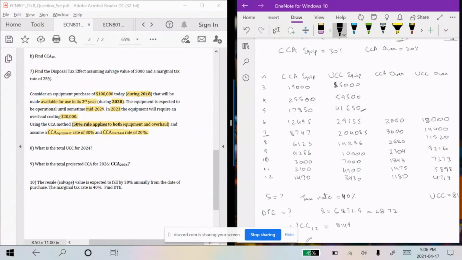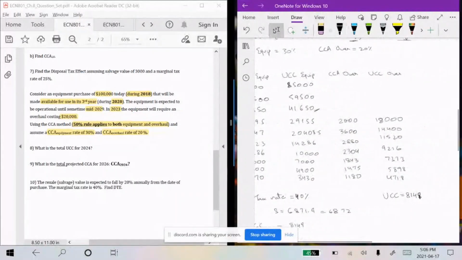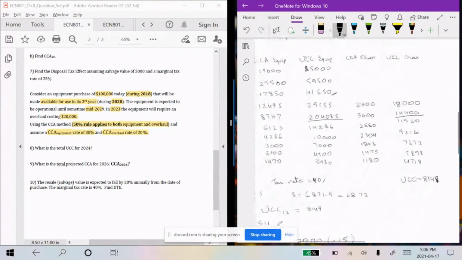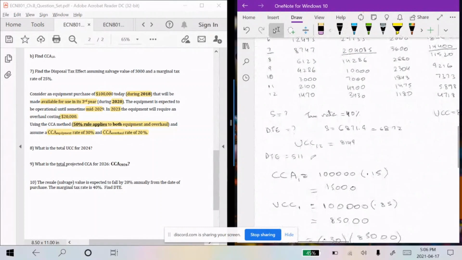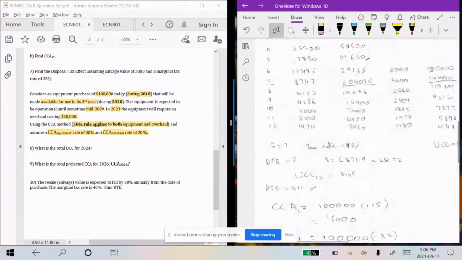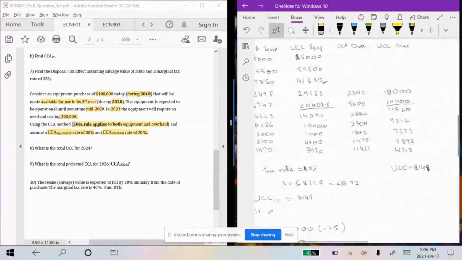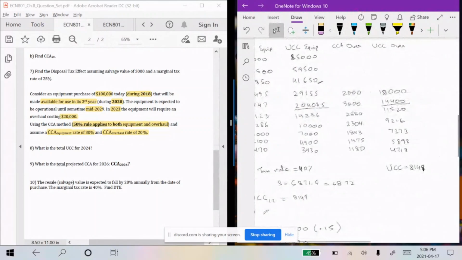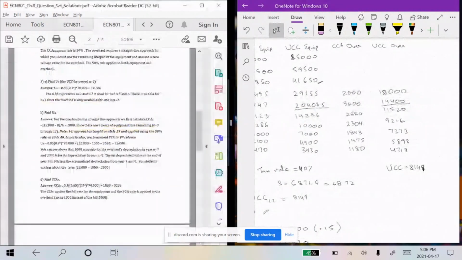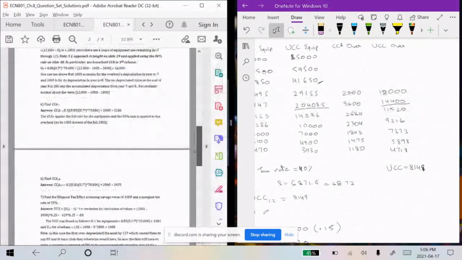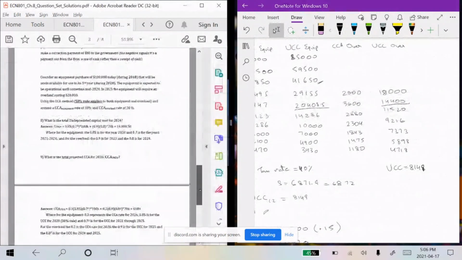What are they asking? Okay, they're asking the total UCC. So to calculate the total UCC for this period, you add this with this. UCC 7th, I didn't do it here. I'll just check what they did. UCC 2024. Yep, it's right.